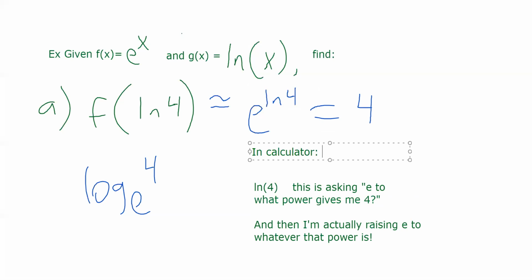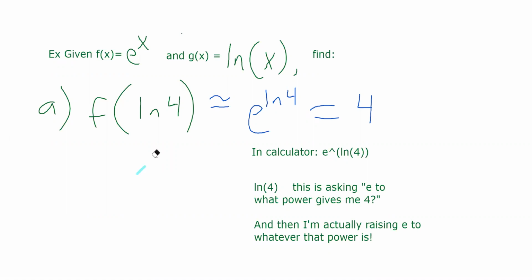In other words, in the calculator, do e caret, open a parenthesis, ln, it'll open a parenthesis, do 4, hit 2 parentheses, and then hit enter, and you'll get a 4 for that. So useful stuff, useful stuff.